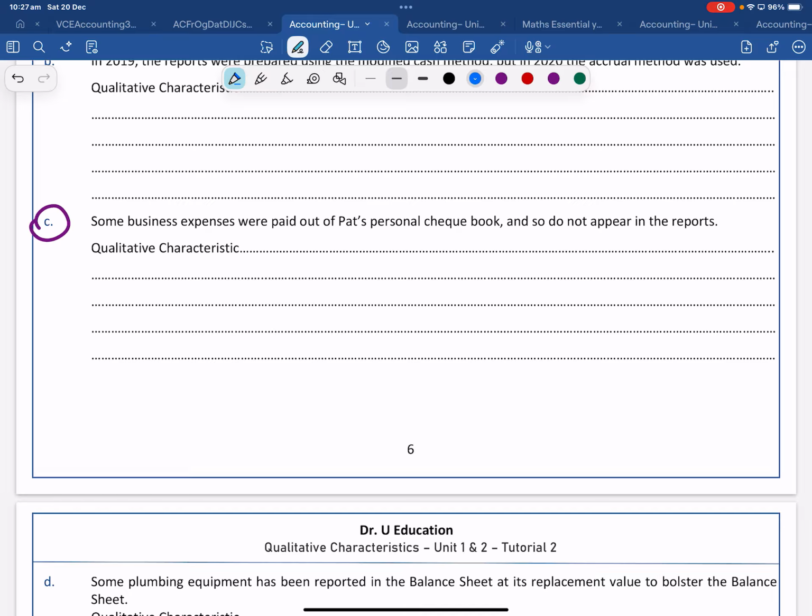Faithful representation? Yes, what do you think? Relevance? Why did you say relevance? Because paying for the business expenses out of his personal checkbook goes against the accounting entity assumption, which supports relevance. Yep.